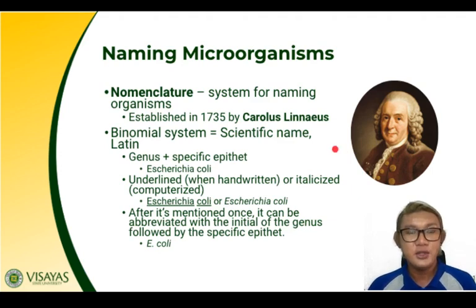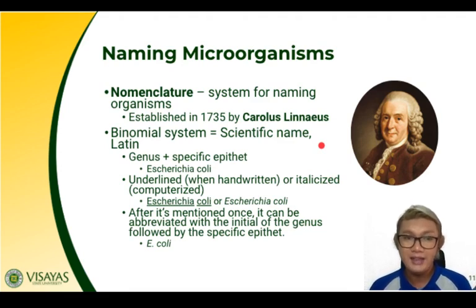So that constitutes the scientific name, which is done in Latin. So all of the scientific names are in Latin. The scientific name is a universal name that is given to a specific organism, and the name must be in Latin. Why Latin? Why not English? Why not Bisaya? Or why not Tagalog?